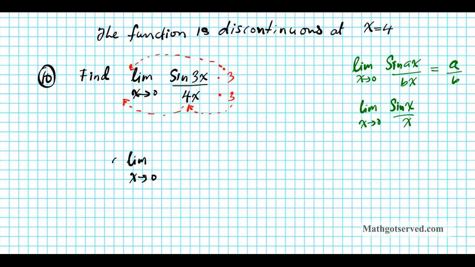The 3 goes in front of sine 3x over, the 4 goes out, and then the 3 goes in place of it, 3x over 3x, okay? Using the squeeze theorem, we know clearly that this entire limit is going to go to 1, so this becomes 3 over 4 times 1, and then your final answer is 3/4. Okay, so there you have it. All right, let's try another example.